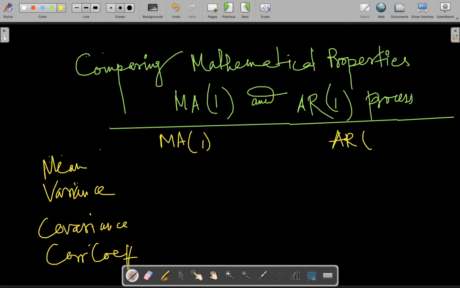Now we have seen that the mean, the expected value of the AR1 process and the MA1 process is always 0. So there is no dispute about that. So it's a constant, it's 0. So we are okay with that.